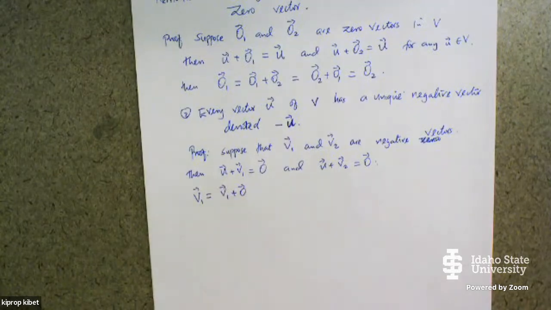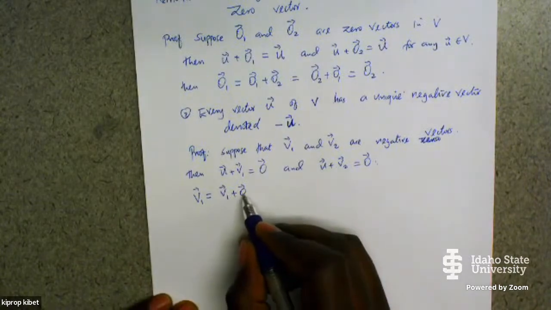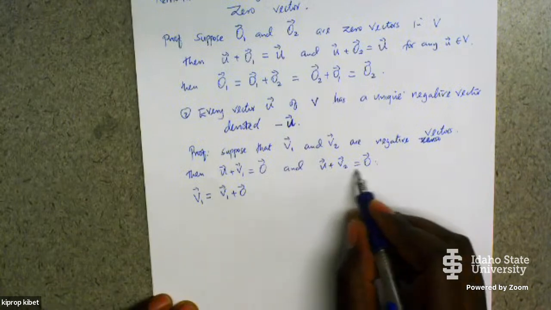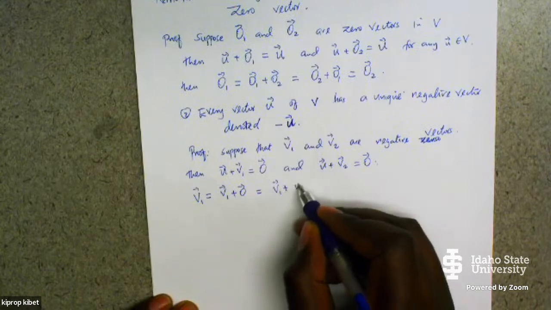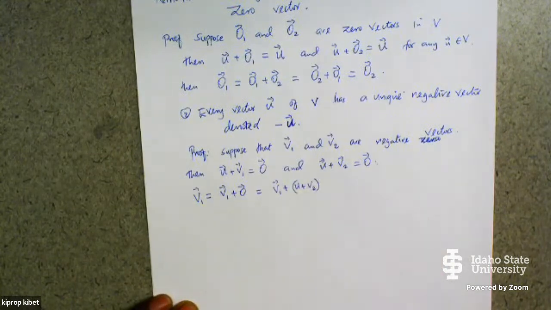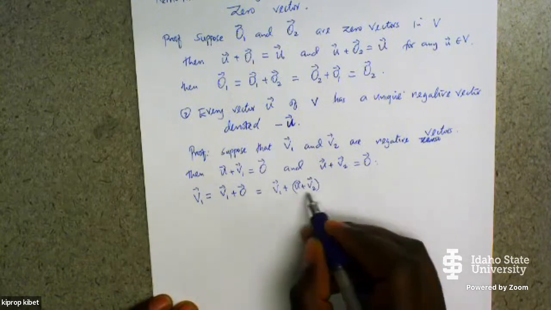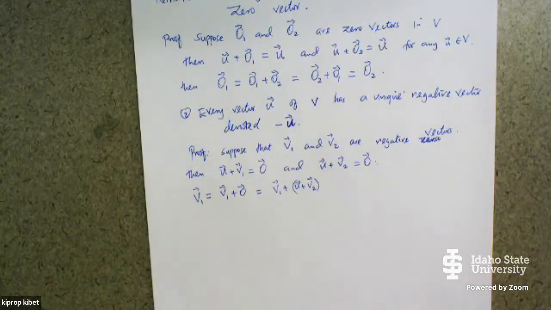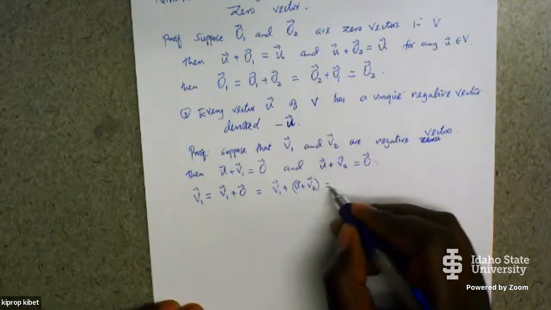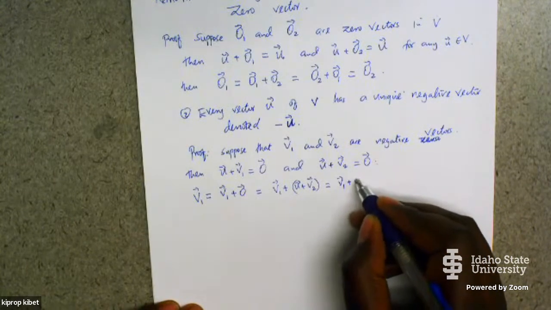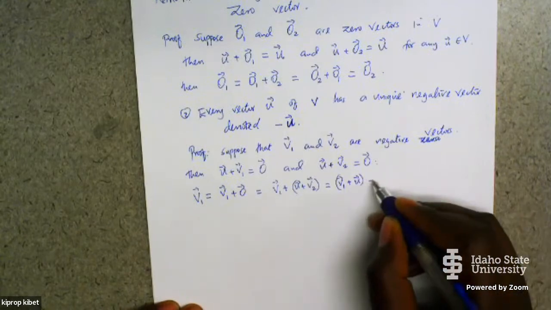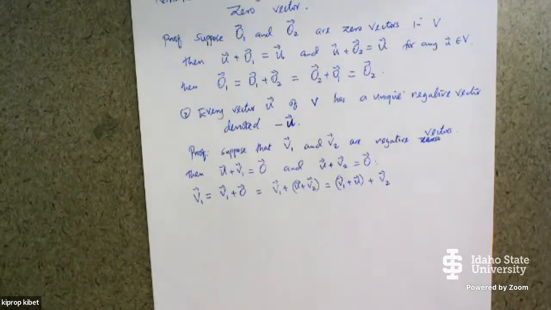This 0 vector can be replaced by u plus v2, so v1 equals v1 plus u plus v2, which can be grouped as v1 plus u, plus v2.